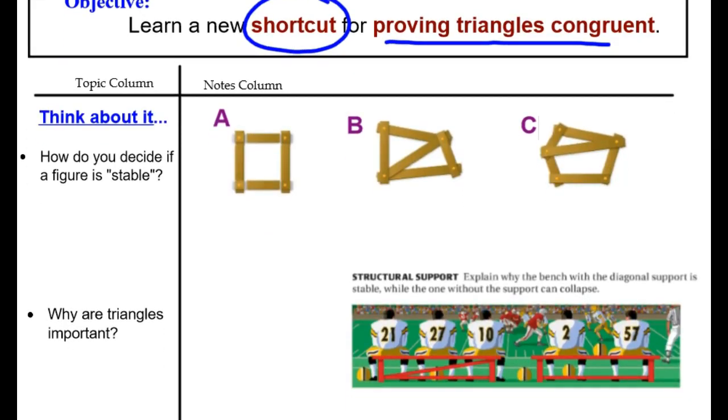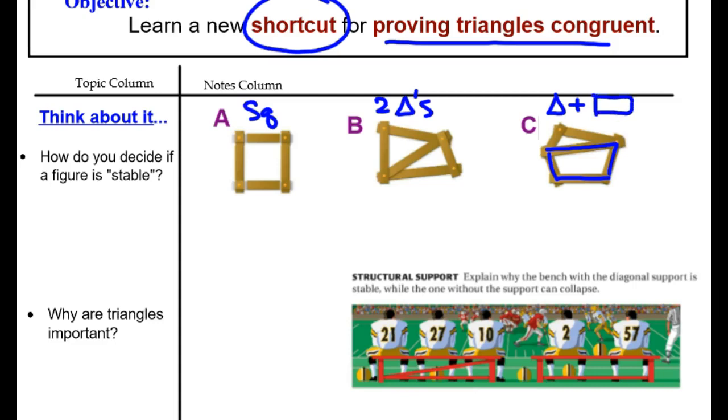First, before we do that, we are going to think about why triangles are significant, why they are important. If you look at these shapes, here we have some kind of square, here we have really two triangles put together, and here we actually have a triangle plus some kind of rectangle-ish thing.